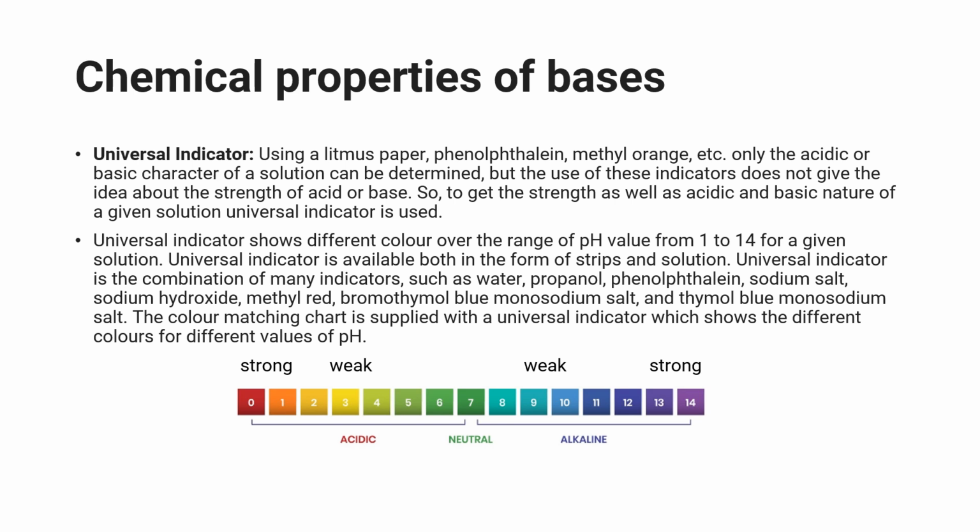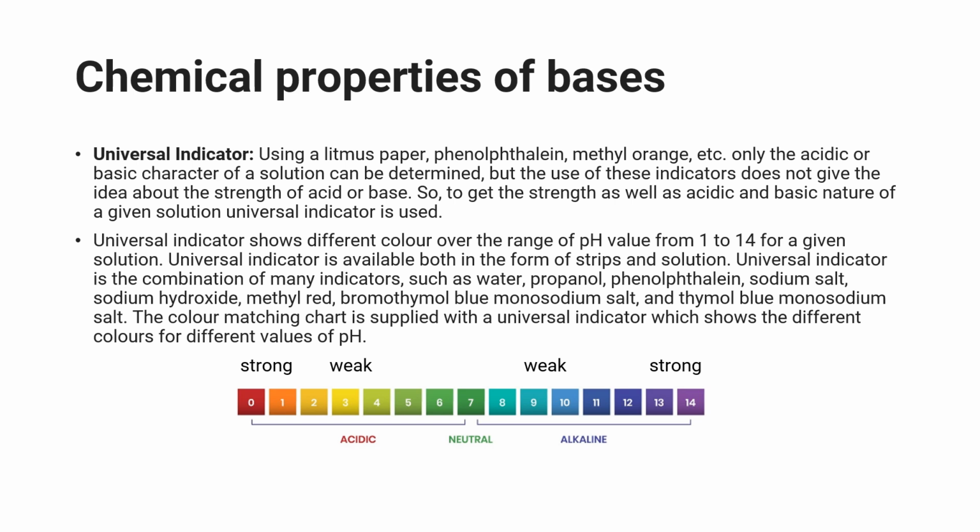So to get the strength as well as the acidic and basic nature of a given solution, universal indicator is used. Universal indicator shows different colors over the range of pH values from 1 to 14 for a given solution. Universal indicator is available both in the form of strips and solution.